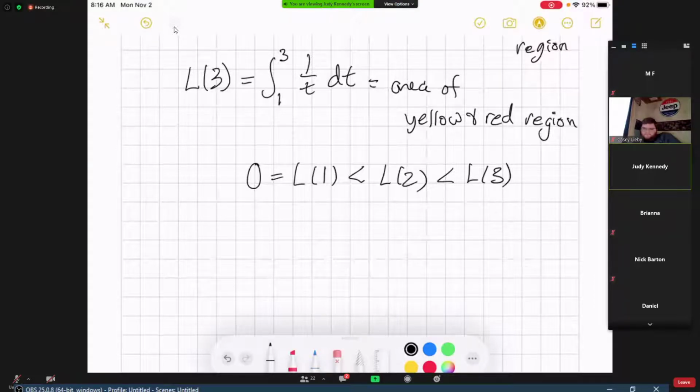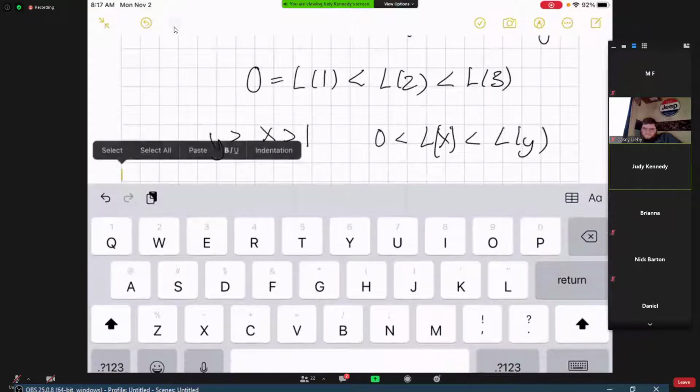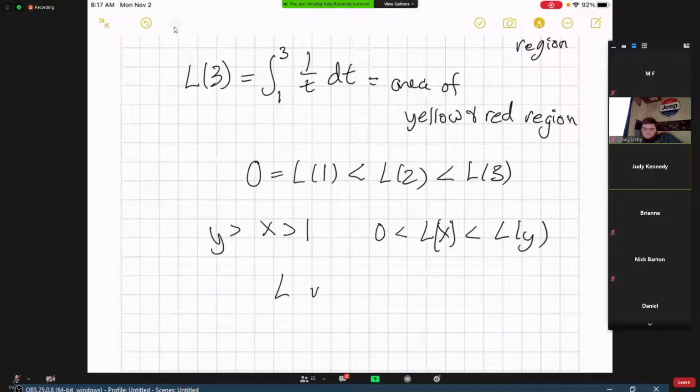In fact, for x greater than 1, 0 is less than L of x, and then take y to be greater than x, L of x is less than L of y. I'm going to get an increasing function, because I'm taking areas, and the bigger x is, the bigger the area.